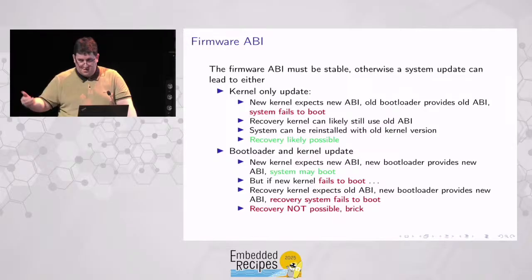So you have to recover the system. Hopefully, you already have AB updates, so the system will fall back to the old version of the Linux kernel, which will be compatible with the old bootloader.